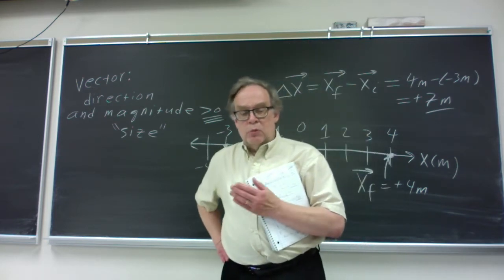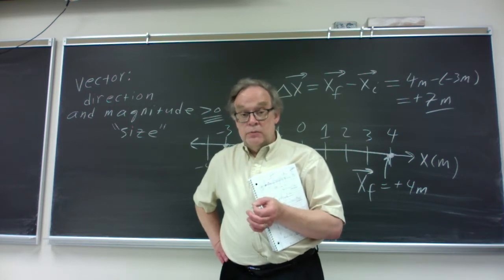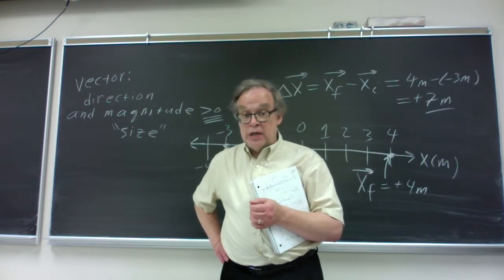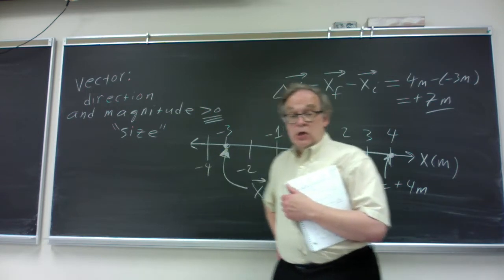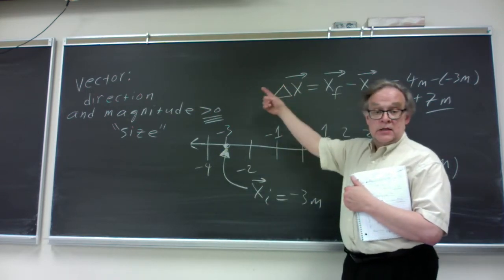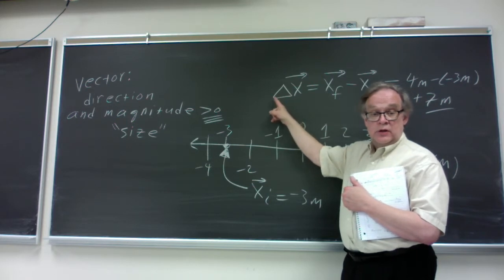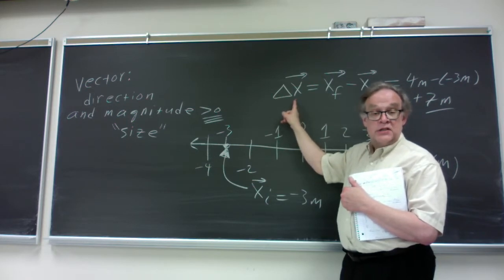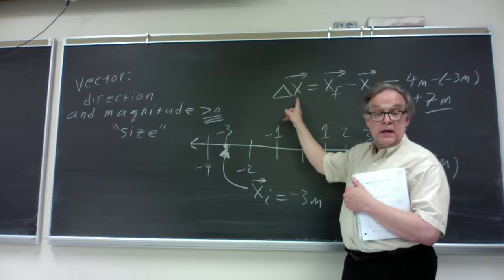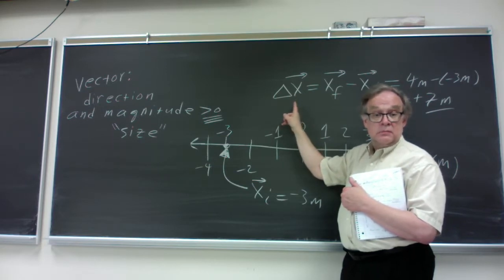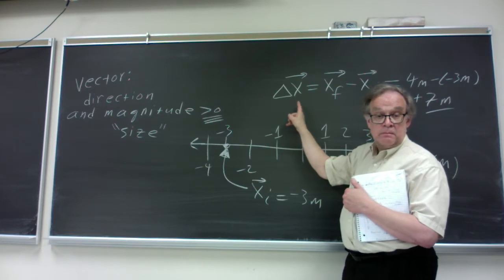So we're talking about motion, which is change in location. And we have a standard way of talking about change in any quantity, change over time for any quantity. We write it like this, Greek letter delta followed by the quantity that's changing. And we read this as change in, in this case, location.